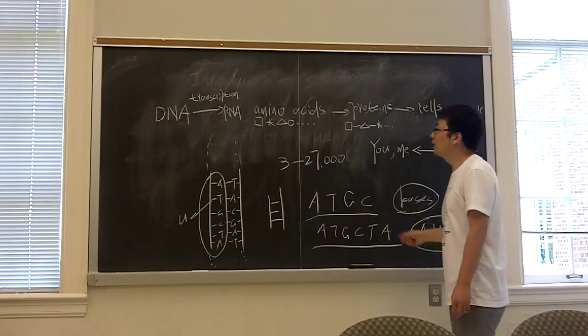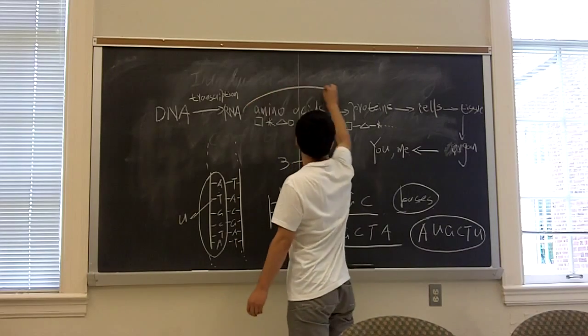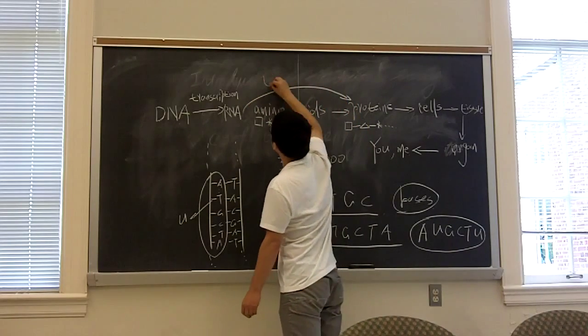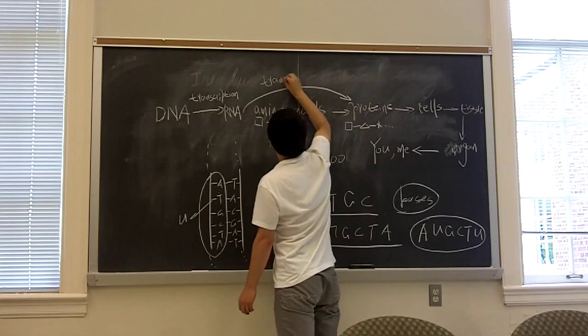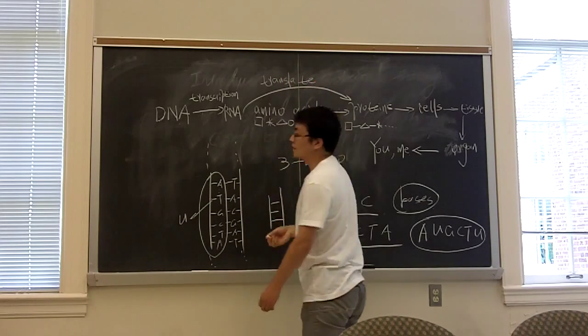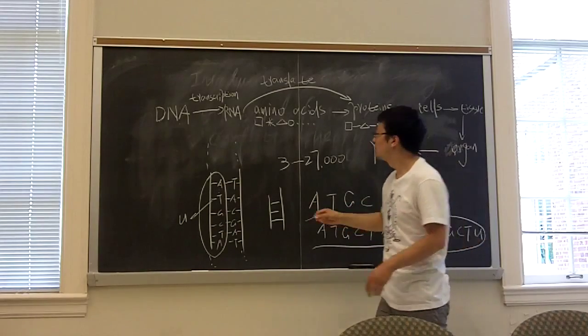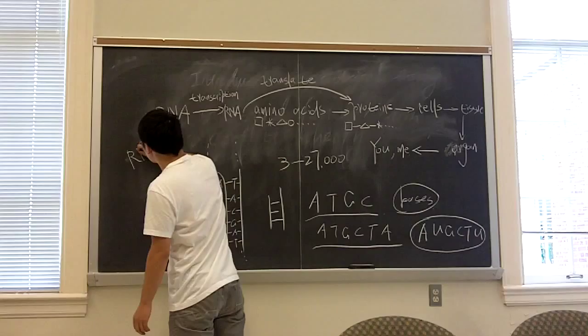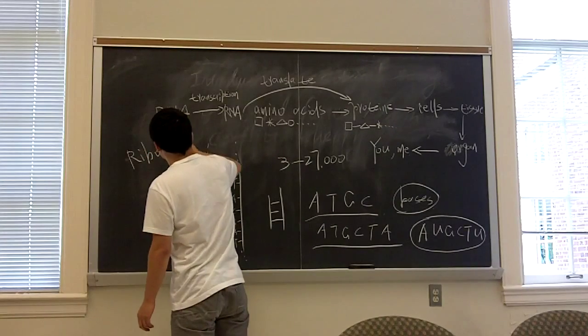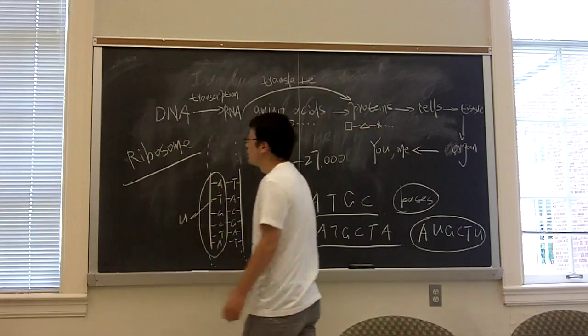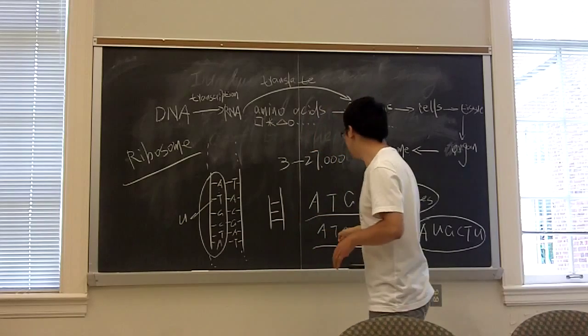From RNA to protein, this step is called translation. Translation is actually carried out by one kind of organelle in cells called the ribosome. The ribosome can read the sequence of RNA.